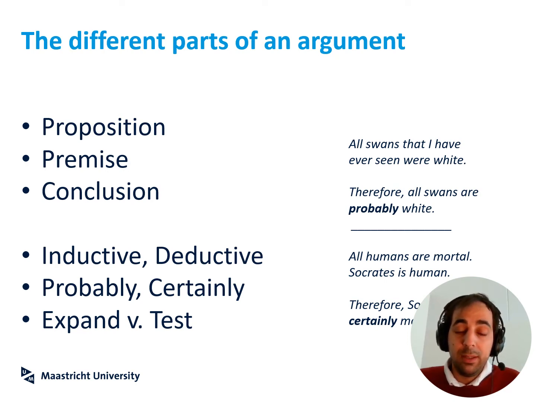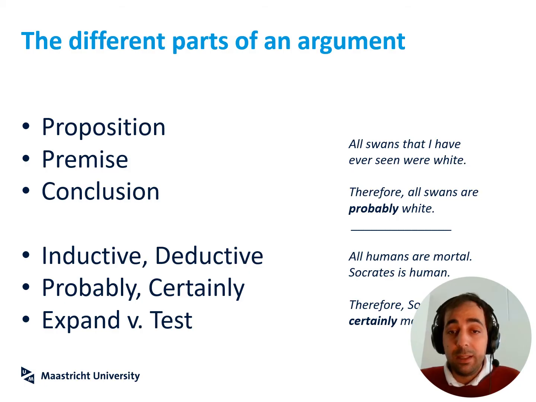Now, here you see two different types of arguments. The reason I put these two types of arguments in there is because legal arguments tend to be more similar to the second example than the first. So let's go through them. All the swans that I've ever seen were white, therefore all swans are probably white.